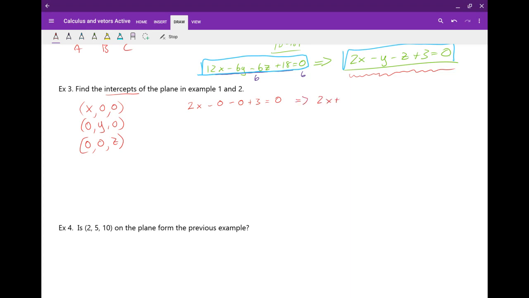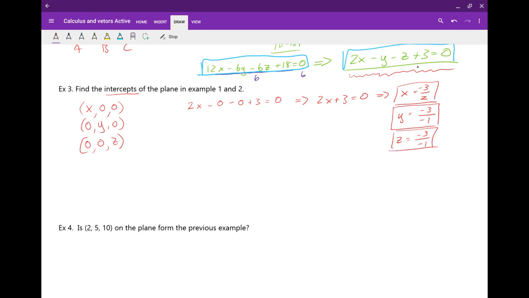I get 2x plus 3 equals 0, and I can determine that my x-intercept is negative 3 over 2, right? And that's my x-intercept. My y-intercept is going to be negative 3 over negative 1, and my z-intercept is going to be negative 3 over negative 1 as well, all right?